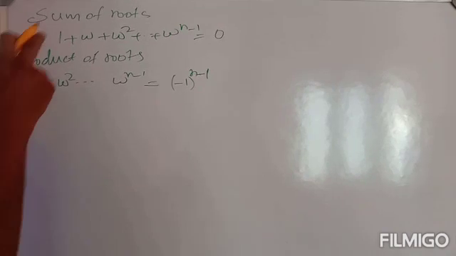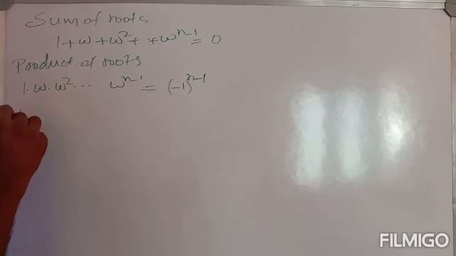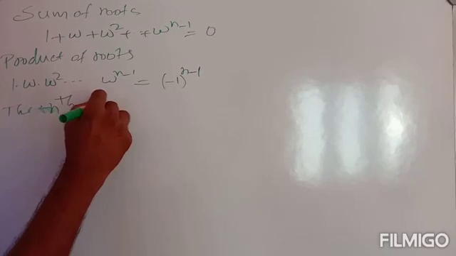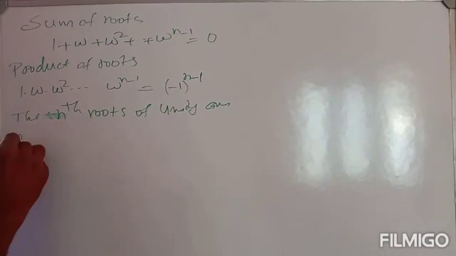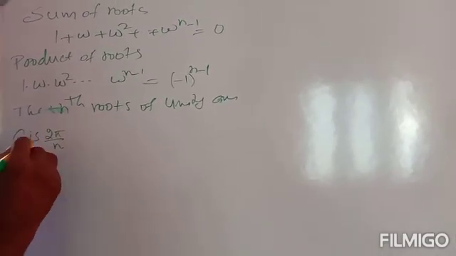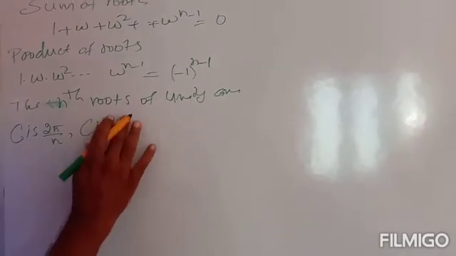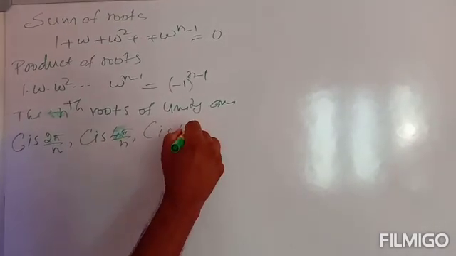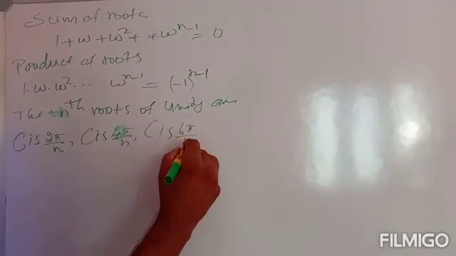Next, we go to sum of the roots, product of the roots. The nth roots of unity are, that is, arguments 2 pi by n, 4 pi by n, 6 pi by n and so on, that is cos 2 pi by n plus I sin 2 pi by n, and so on.